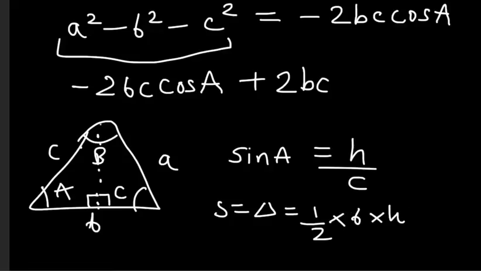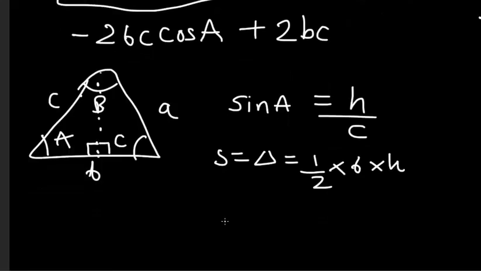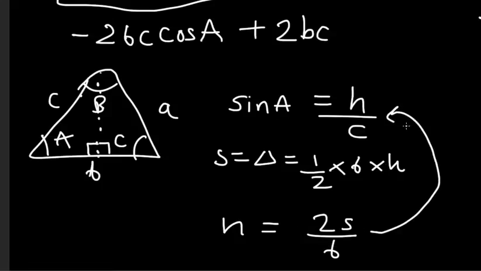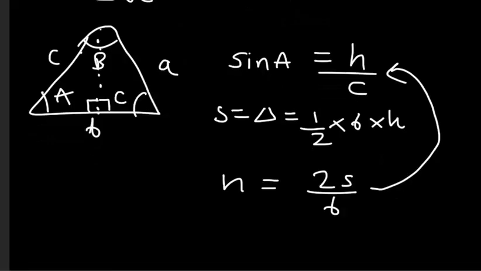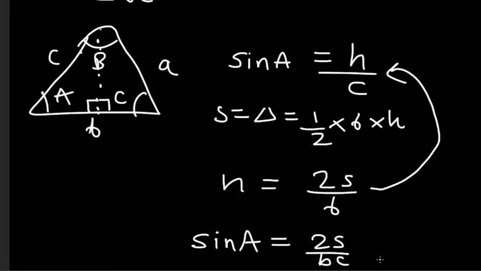Now let's solve for H. So basically, H is equal to 2S upon B. Now let's just plug this value into this equation, and if I do that, I will get sine of A is equal to 2S upon BC.